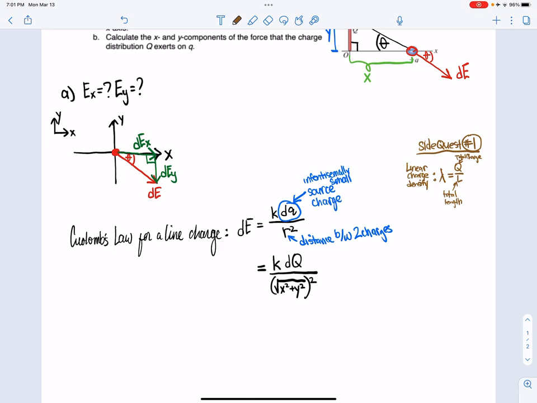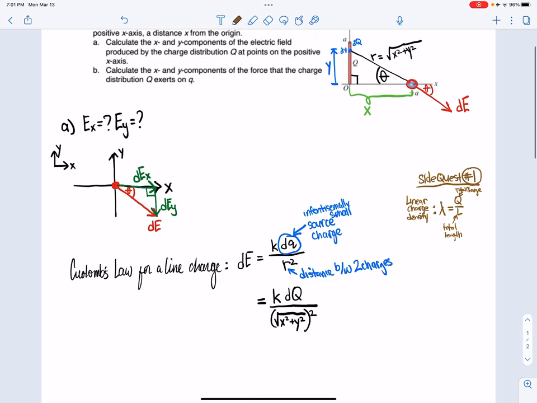In the case of our problem, the total charge is indeed capital Q, so we'll leave it as that. But this time the total length that we're dealing with is from 0 to a, right? So instead of total length L, I'm going to call it total length a. I'm just plugging in the variables that I was given.